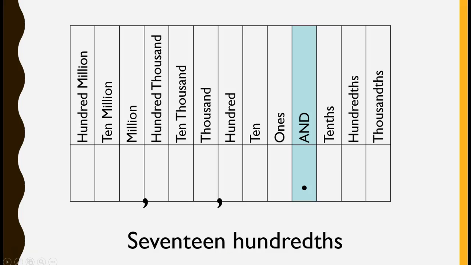Okay, so let's look at another example. This says 17/100. So where do I put it? Okay, first of all, indicate what place value it is. We're going to look at that last. Okay, so 17. I'm just going to write the digit 17. But where do I put it?